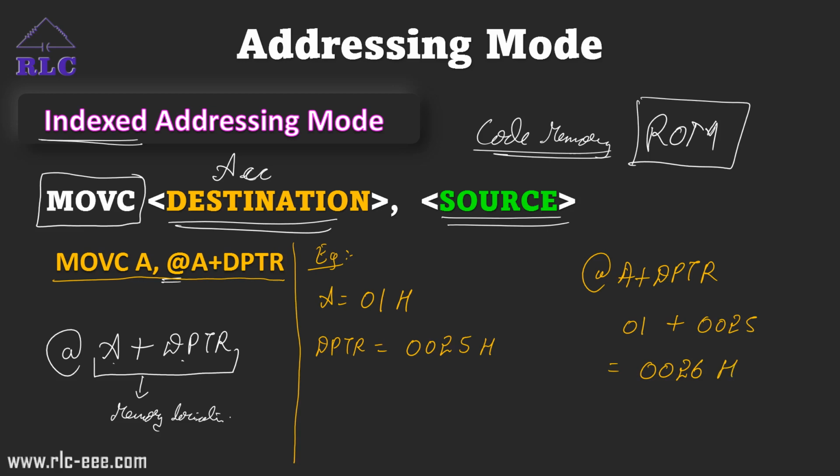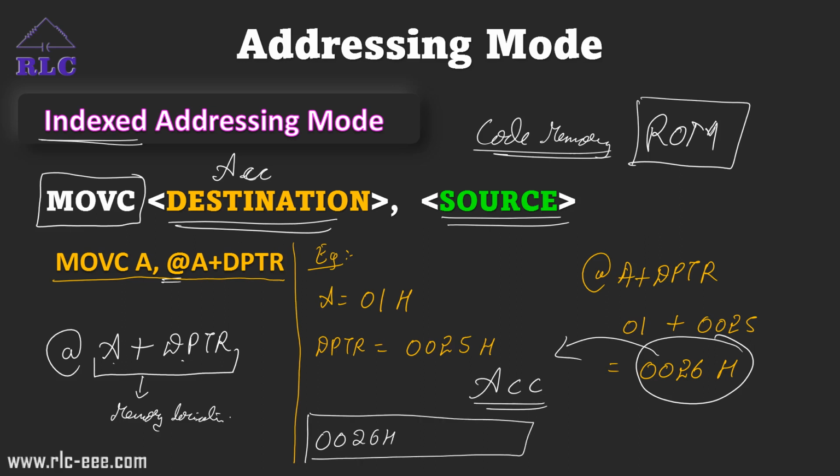Now from this memory location, that is from the 0026H memory location, whatever data is stored in it will be transferred to the accumulator. If the 0026H memory location has some value 36H, then this 36H value will be sent to accumulator.